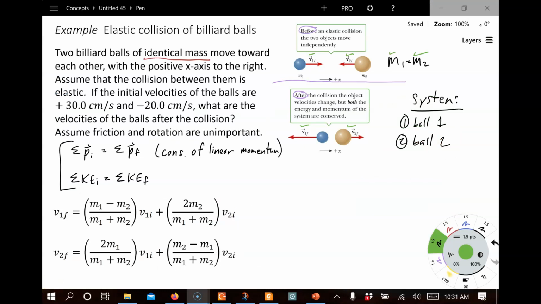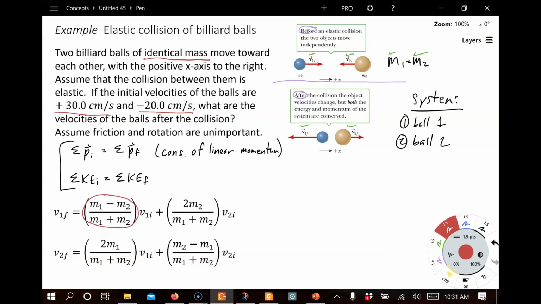All right, so we know a lot of the values here. We know what the initial velocities of the balls are, right? So those are given to us. And we also, well, we don't know what the masses are, but we can actually do some simplification here. So let's look at this first mass term here.